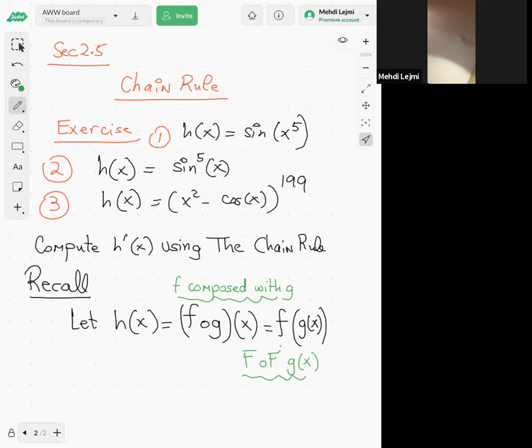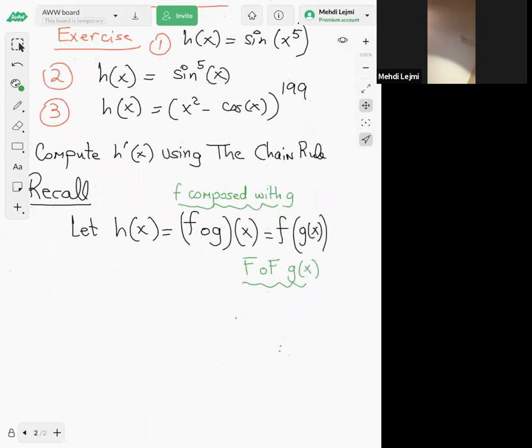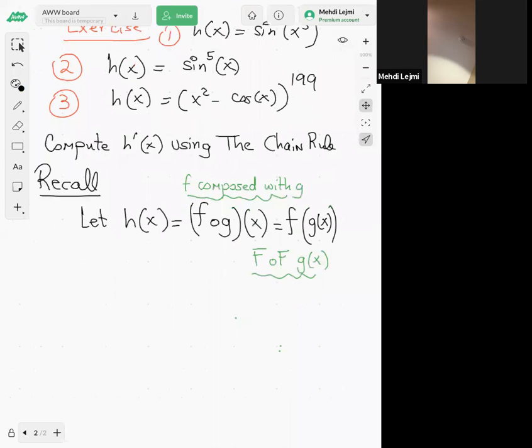Now, what's the chain rule? What does it say? Then the chain rule is, h prime of x is equal to g prime of x, the derivative of g, times f prime of g of x.